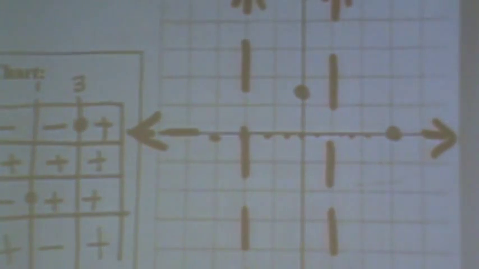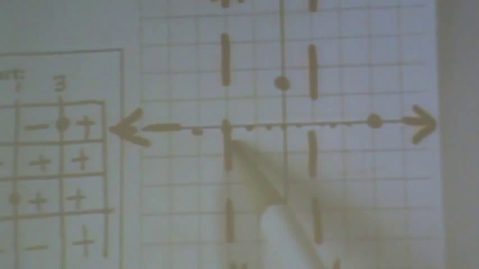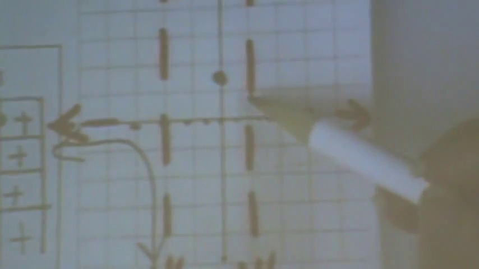Now let's start putting our stuff on the graph. So from -infinity to -2, it says we're in the negative region. I'm just going to draw that. So then we're in the positive region. From -2 to 1, we're in the positive region. Looks like it's going to do something like this.